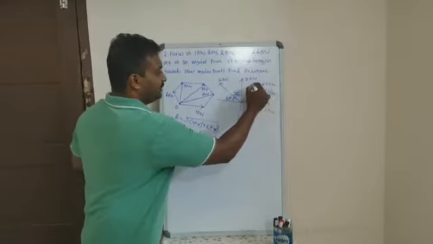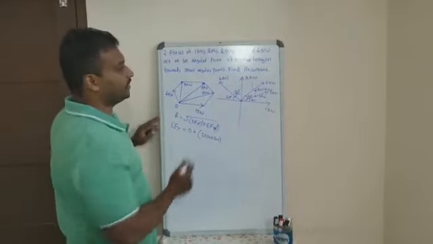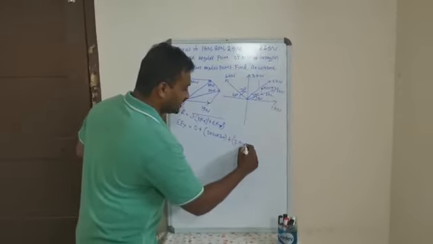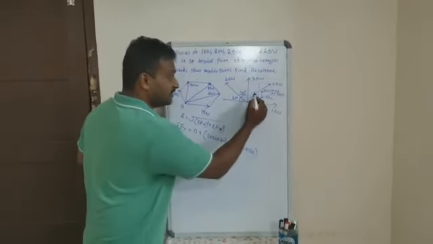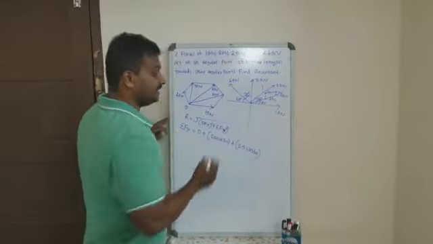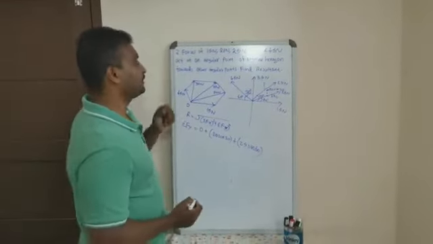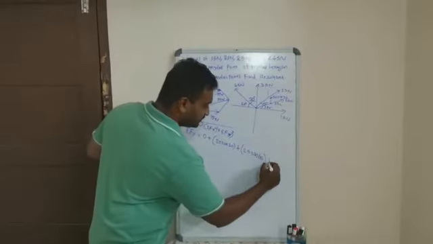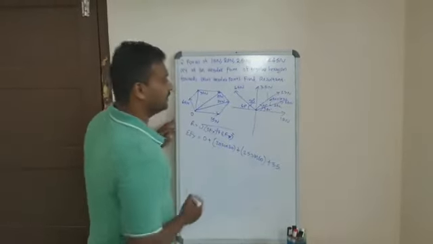Then 25 Newton, it is also acting in upward direction, therefore positive 25 sin 60. Its inclination with horizontal is 60 degree, plus 25 sin 60. Then 35 Newton, it is acting upwards, plus 35.